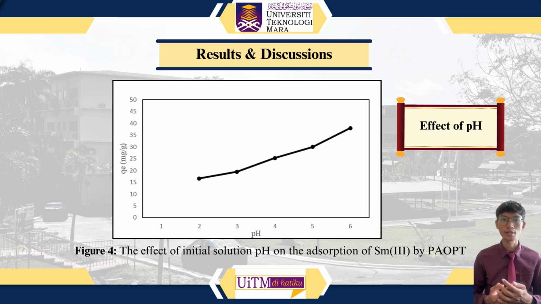At pH 6, an abundance of hydroxide ions diminishes the positive charge of PAOPT, resulting in robust interactions between the adsorbent and the adsorbate due to their opposing charges, allowing for the maximum adsorption rate of samarium, which is 76%.